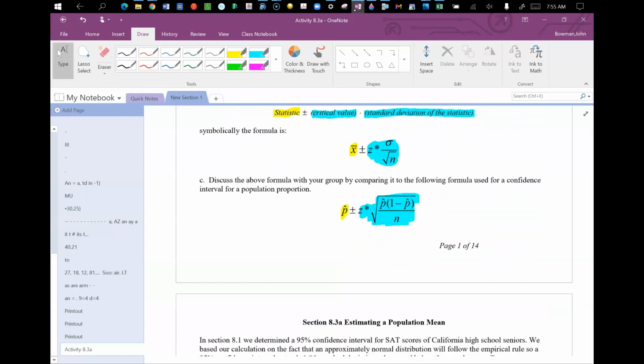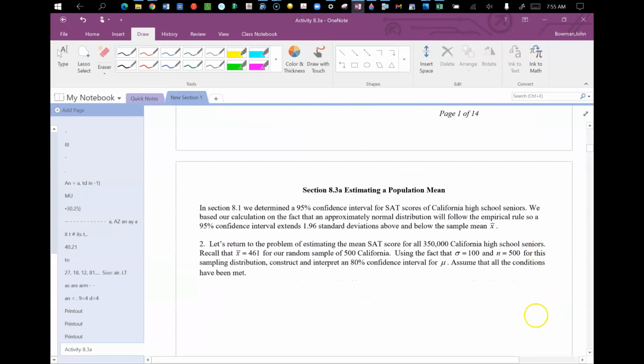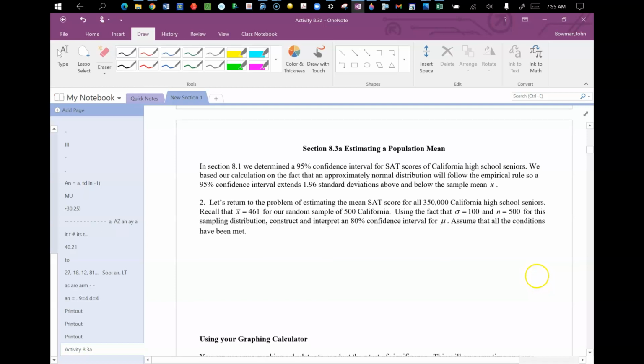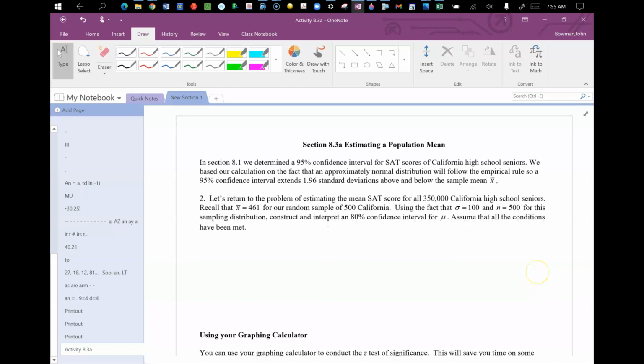So I would like to go back to our SAT example from earlier in the chapter and construct a confidence interval for that. So we're going to estimate the average SAT score for all 350,000 high school seniors in California.